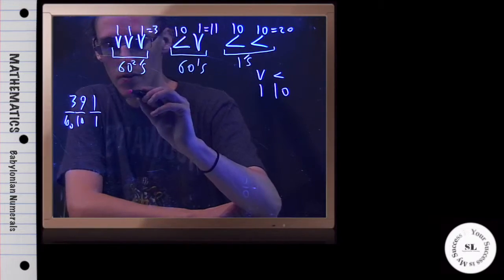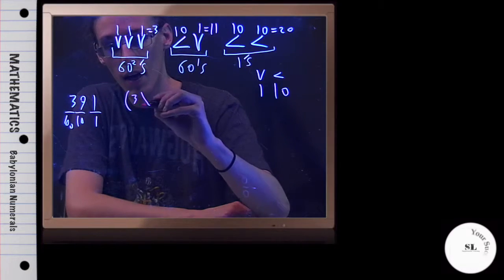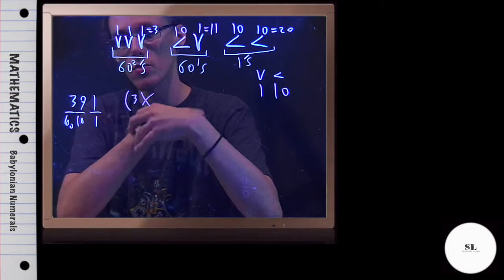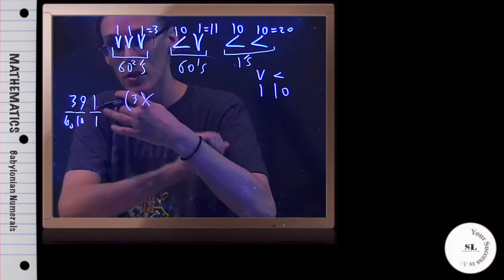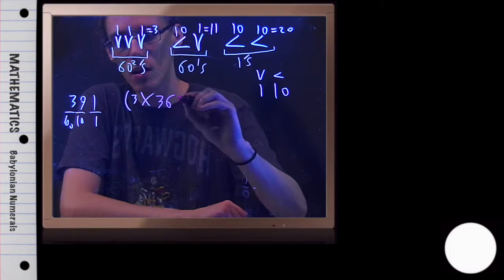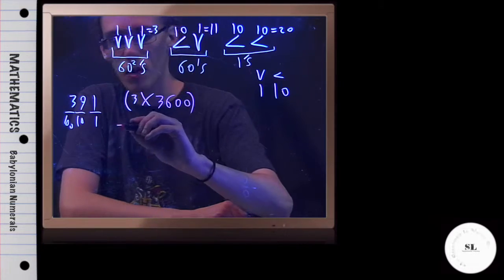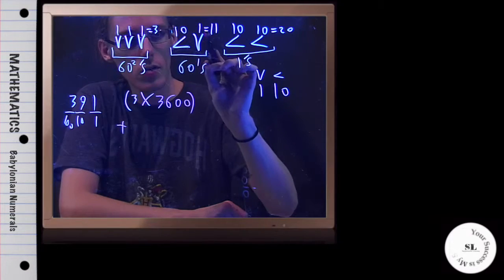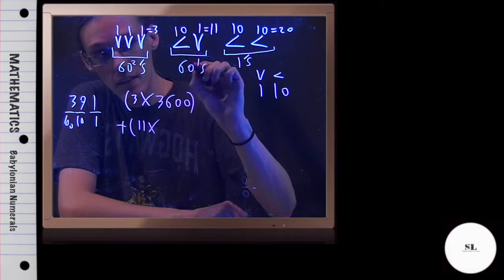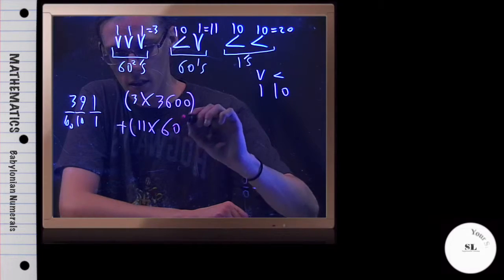So if I write this out, this is going to be 3 times, I could use 60 squared, but it's more convenient to use what 60 times 60 is, and that is 3,600. Plus 10 plus 1 for 11, so this is going to be 11, and it's in the 60s place, so times 60.